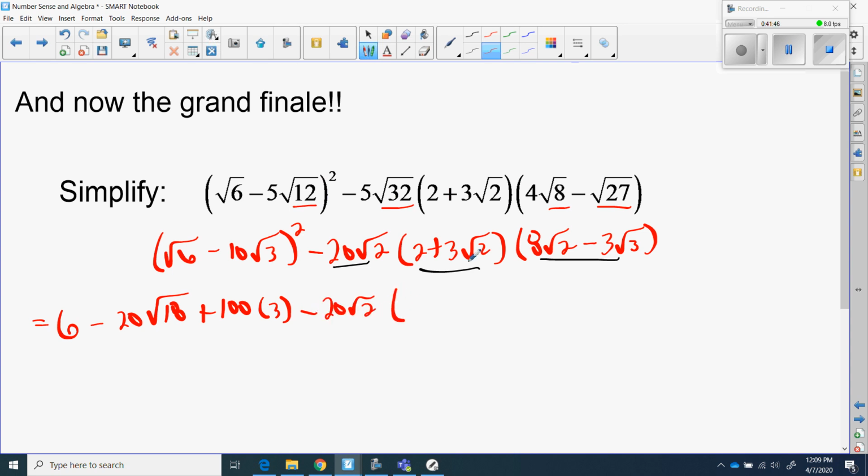And I'm going to multiply these 2 binomials. So 2 times this will give me 16 radical 2. 2 times this one will give me negative 6 radical 3. Now, 3 radical 2 by 8 radical 2 is going to be 3 times 8 is 24.